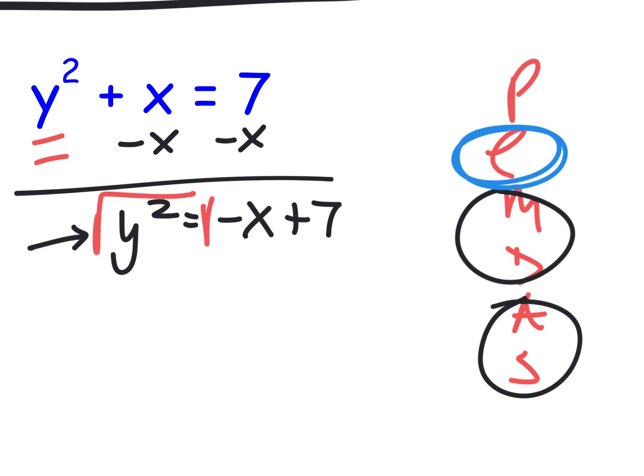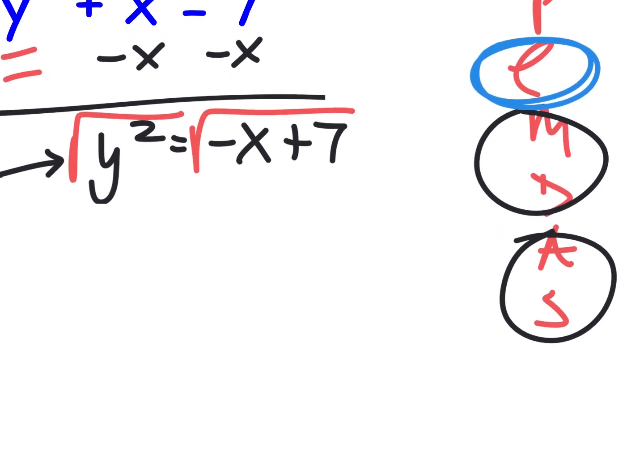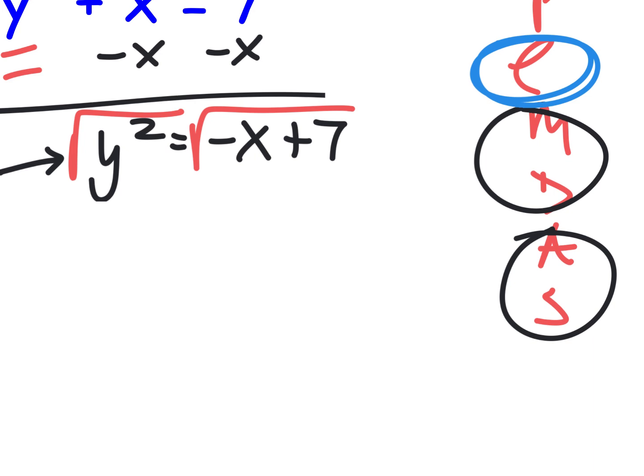Square root, square root. Now, this is a really important moment because at this moment, you got to know that this comes out to the absolute value of y. A lot of people never knew that. They just thought square root will take off the squared. I get it. I totally get it. A ton of kids think it's just y, but it's not.